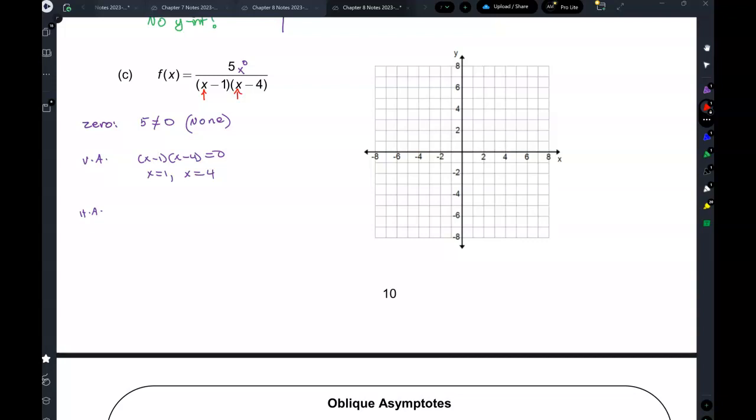Don't multiply it out, but the degree would be 2. Higher degree on the bottom means y equals 0 for the horizontal asymptote. Let's put in the horizontal asymptote and the vertical asymptotes, 1 and 4.